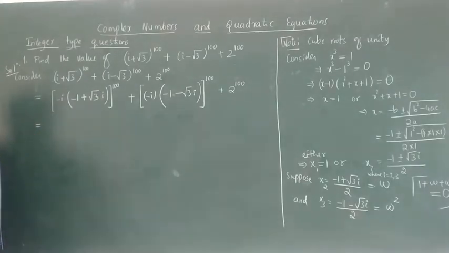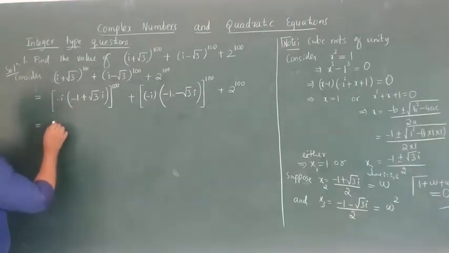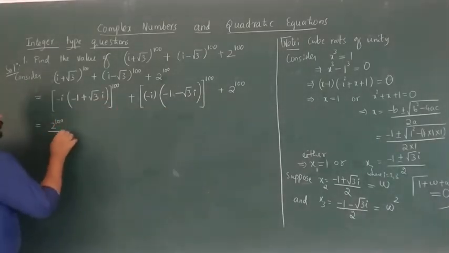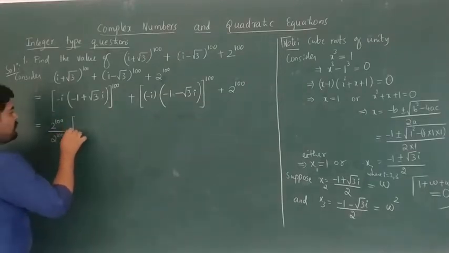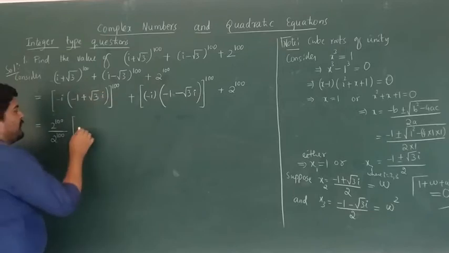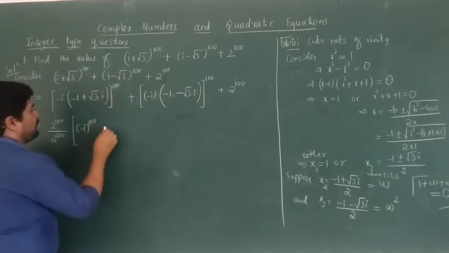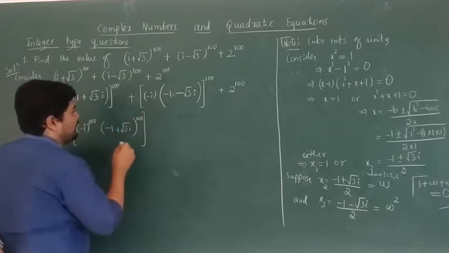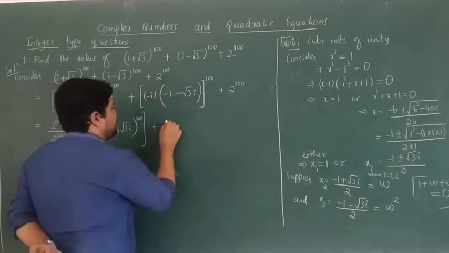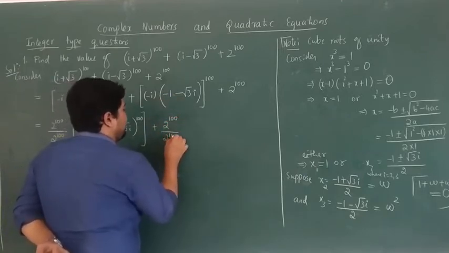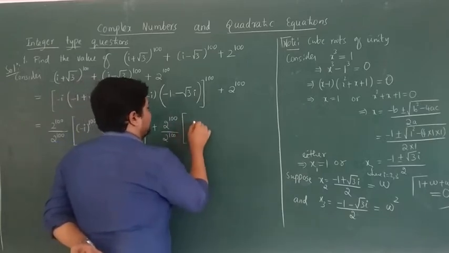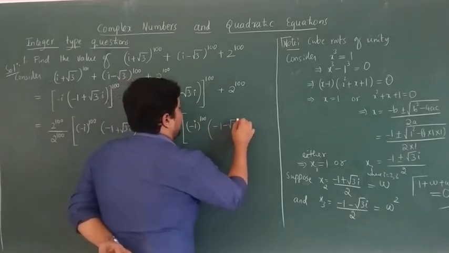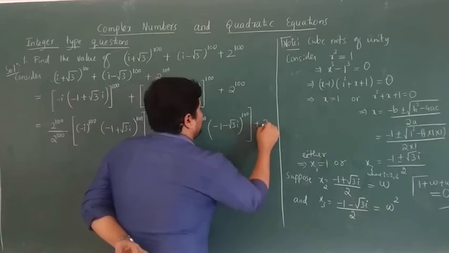Now this one can be further written as, I will multiply and divide this entire expression here also and here also by 2 power 100, or divided by 2 power 100 multiplied with, now see here, minus i power 100 into minus 1 plus root 3 i its power 100, keep as it is, plus here also I will multiply and divide by 2 power 100, you will get divided by 2 power 100 multiplied with minus i power 100 into minus 1 minus root 3 i its power 100 plus 2 power 100 as it is.